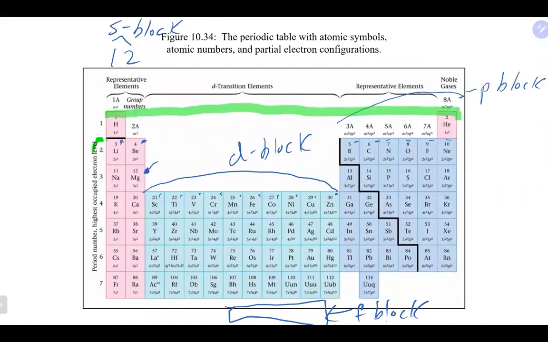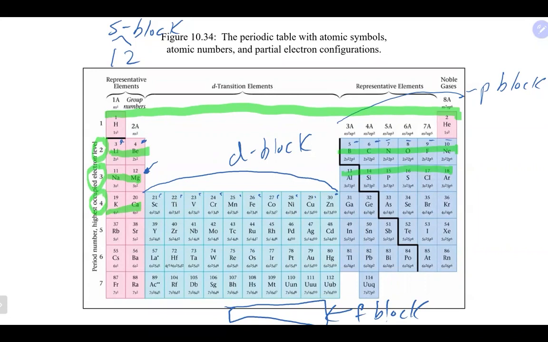This is now period number 2, so this would be 2s2, and 2p6 to the end. We're now in the 3rd period, so this will be 3s2. You could go down to, say, calcium, which would then continue: this would be 3p6, and then 4s2 is calcium.